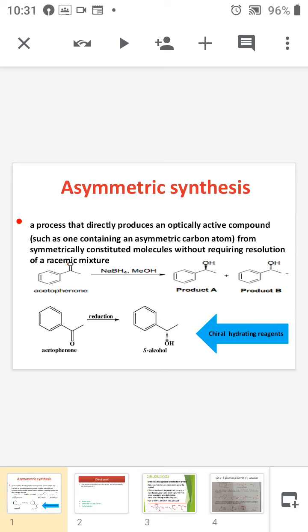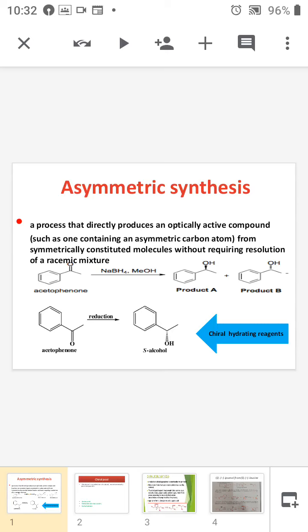Morning everybody. Today we are discussing the next topic, that is the definition of asymmetric synthesis. In the last class we have discussed the stereospecific reaction, stereoselective reaction, and the role of asymmetric synthesis in day-to-day life.